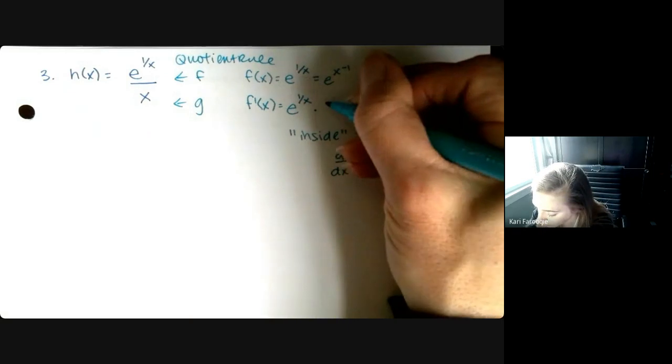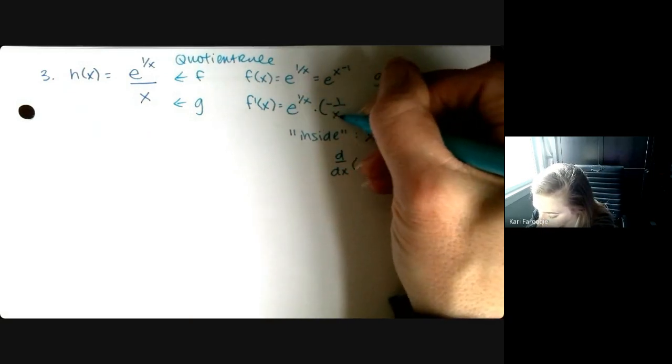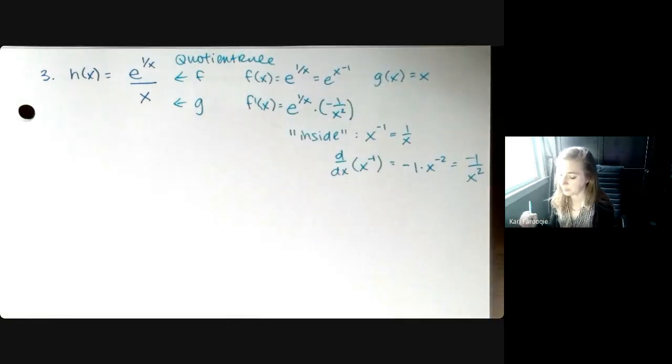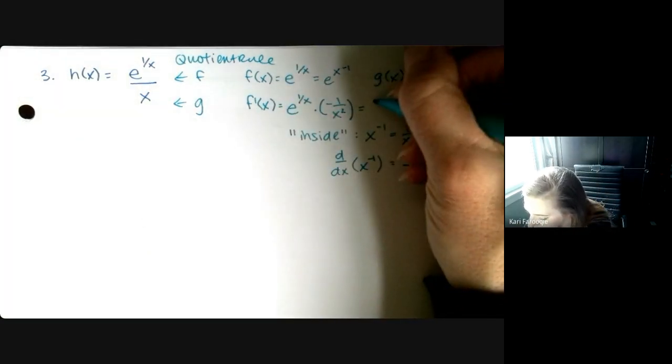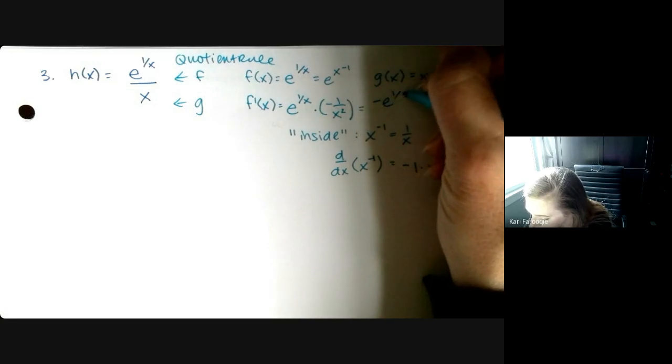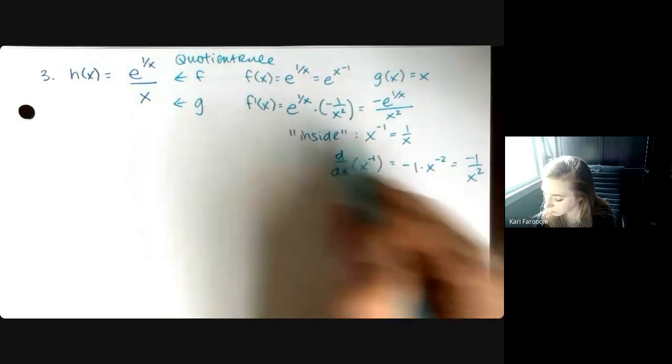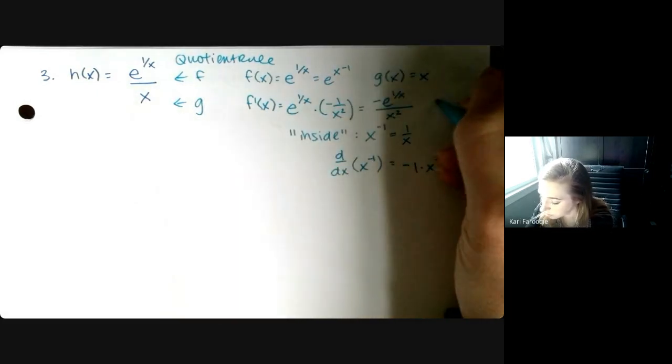So I'm going to multiply this by -1 over x squared. And then if you'd like, you can rewrite that right now. I think I might just rewrite it right now. So we'll write this as -e to the 1 over x divided by x squared. And then g prime is 1.